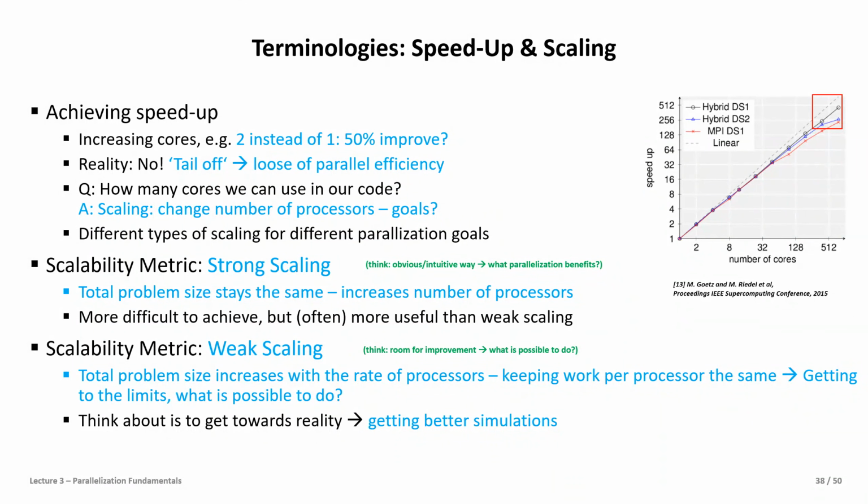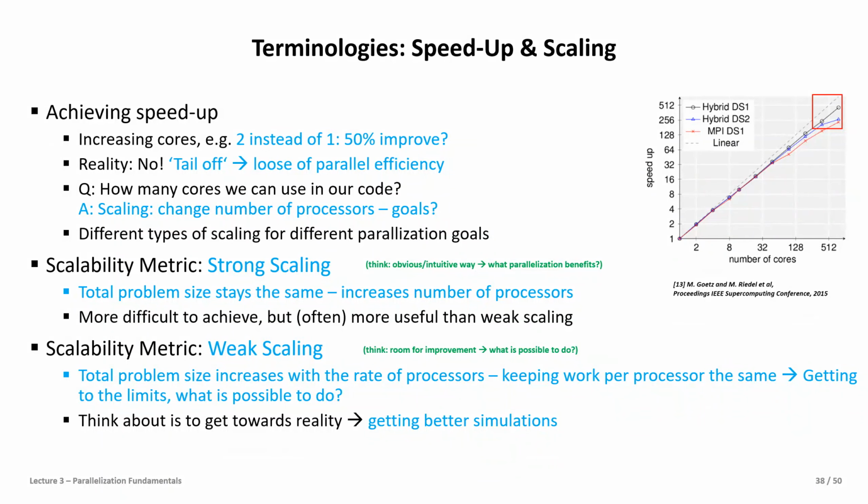Because a tail off can sometimes be quite substantial. You see here in the hybrid dataset 2, it tails off quite dramatically. It suggests that with 1024, I almost get no increase in speed up by still doubling the number of cores and energy I put into the problem. Hence, this is something to study, especially if you think about scalability, scaling it up as we call it.